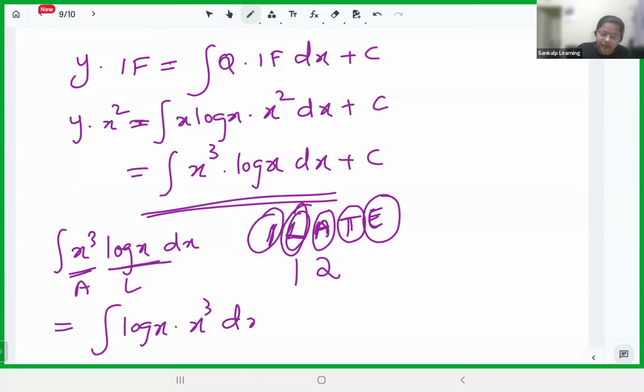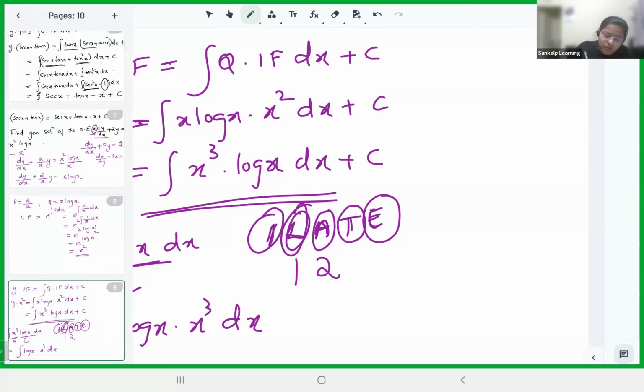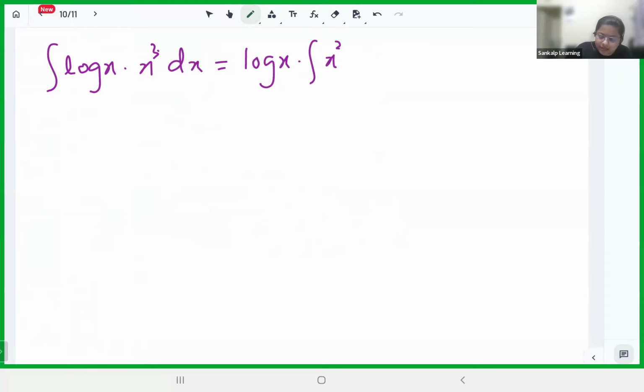Now we can apply the integration by parts method. Integral log x into x cube dx is equal to first function into integral of second function minus integral of derivative of first function into integral of second function. So this is how you find it.